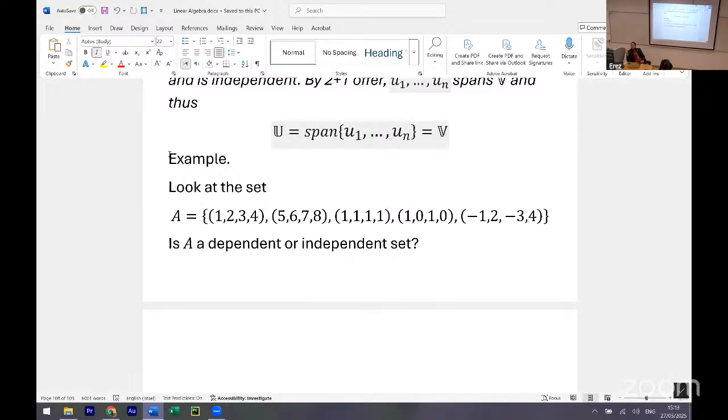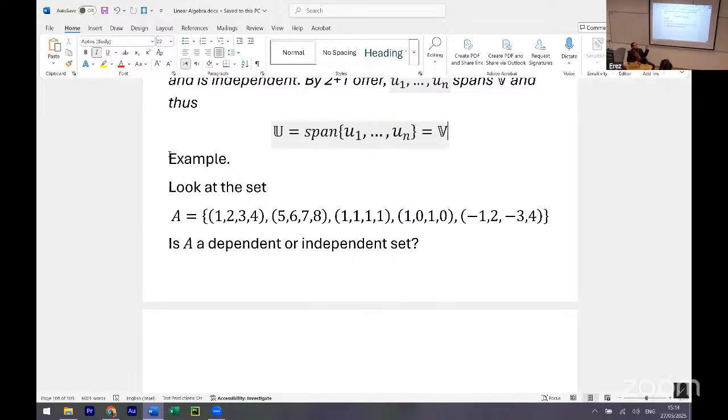It's dependent. Why? Because you can make the last vector from the first to last, right? How? I don't see it. But in any case, I'm looking for a quicker answer than calculating. We can, and I will do an example like that as well of saying if something is dependent or not.